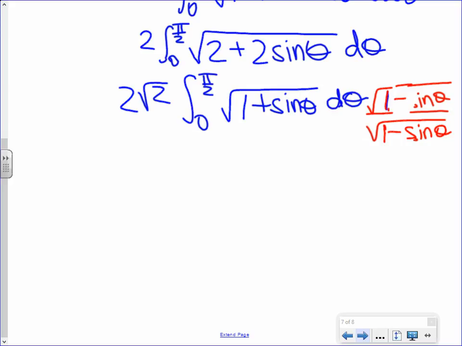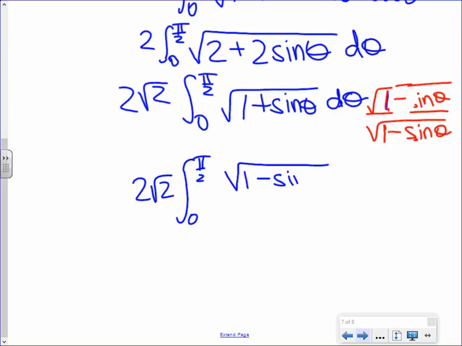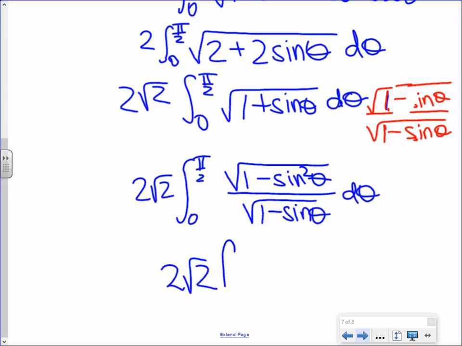So something fancy. We have the square root of 1 minus sine squared over the square root of 1 minus sine. What is 1 minus sine squared? Cosine squared. And as long as we are from 0 to pi over 2, the square root of cosine squared is cosine.